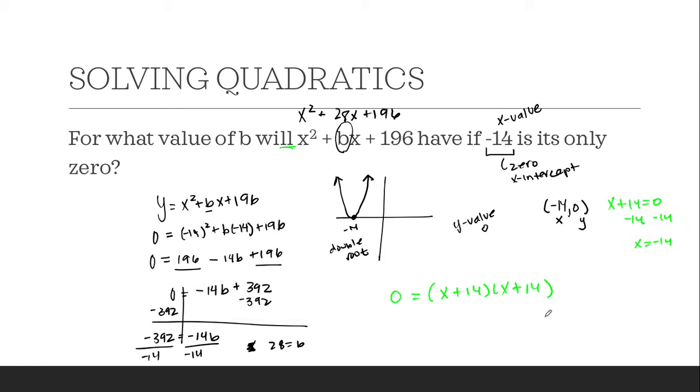Well, couldn't I multiply this out? X plus 14 times x plus 14. 14 plus 14 is 28. So x squared plus 28x plus 196. So there's two ways to do this problem.